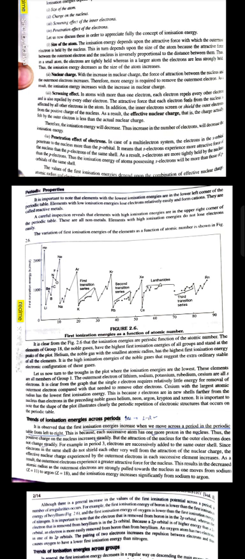For example, in the third period, electrons are successively added to the same outer shell. Since electrons in the same shell do not shield each other very well from the attraction of nuclear charge, the effective nuclear charge experienced by the outermost electron in each successive element increases.